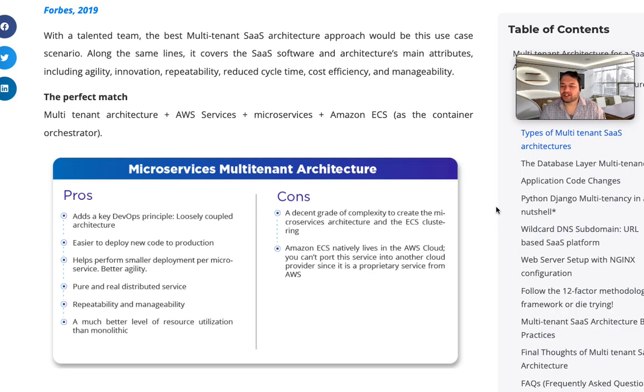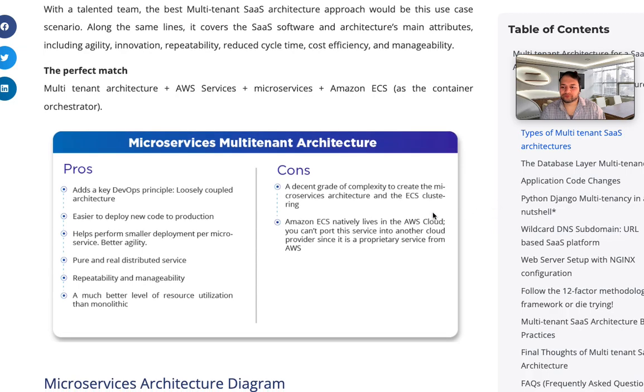The perfect match, pros and cons. Pros are that it's loosely coupled, easier to deploy, helps better agility through smaller deployment per microservice, pure and real distributed service, repeatability and manageability, more resource utilization than monolithic.